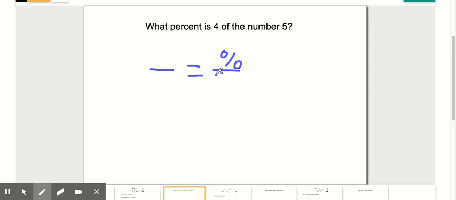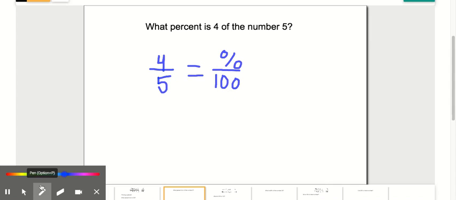My 100 is always going to be a part of this, and it's always going under my percent. 4 is the part of 5, so I'm looking for 4 of 5. What percent is 4 of 5?